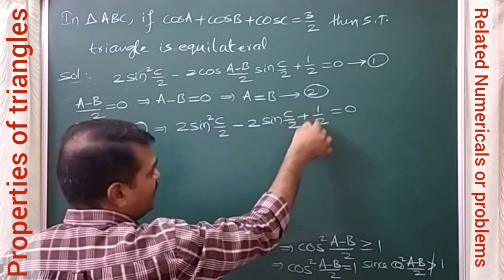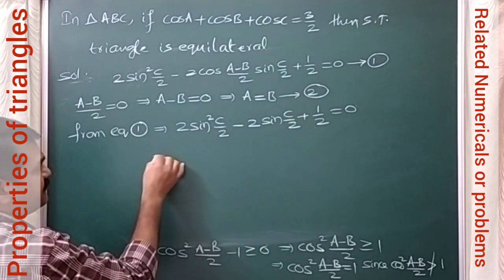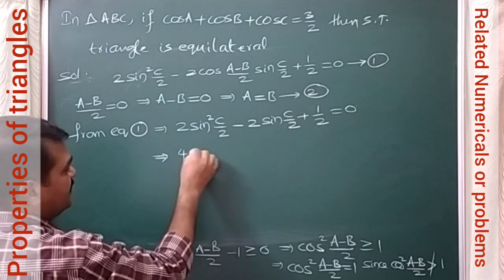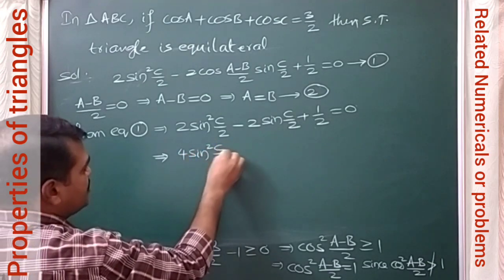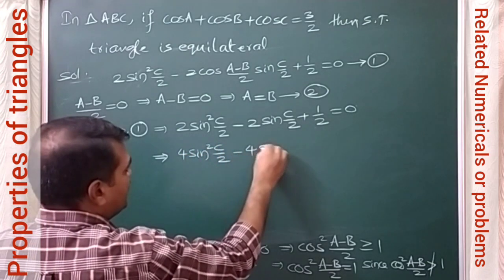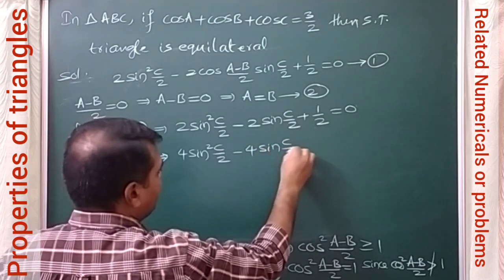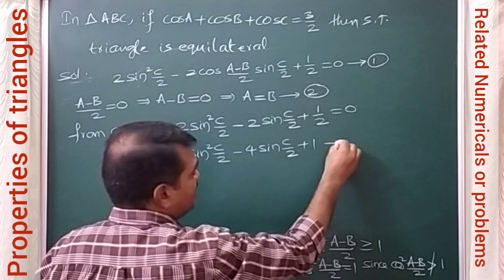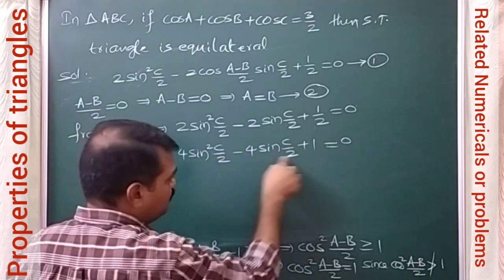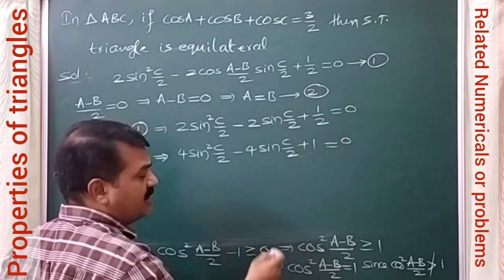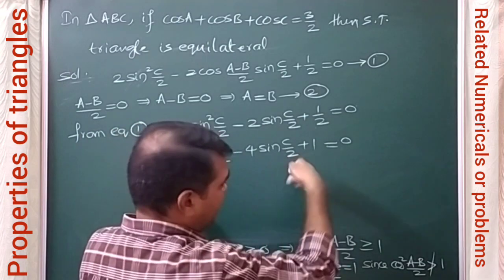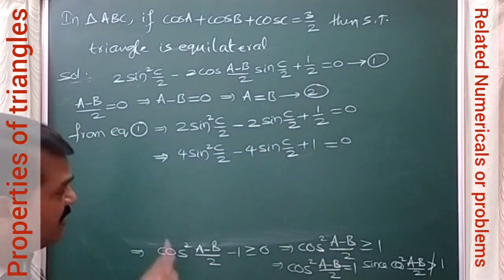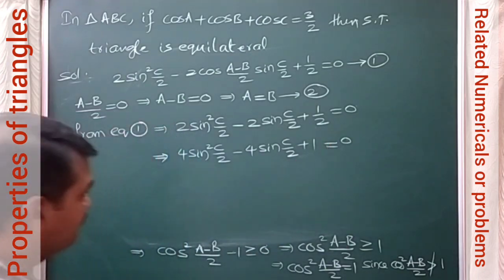Here 1 by 2 is there, no? So take LCM. We will get 4 sin square c by 2 minus 4 sin c by 2 plus 1, all by 2, is equal to 0. That by 2 I can remove because cross multiplying to the RHS it will be 0 only. Denominator by 2 I eliminated.